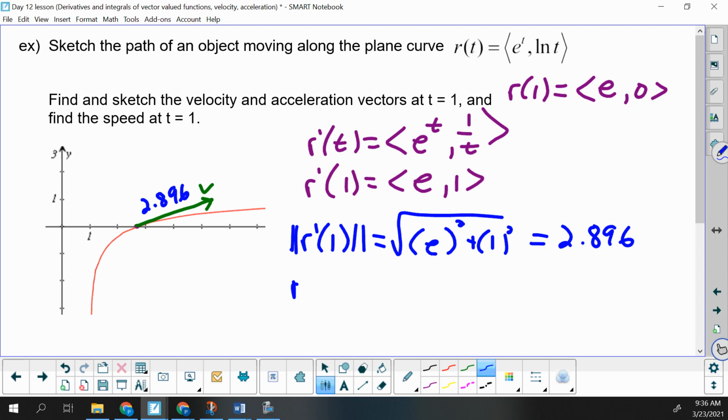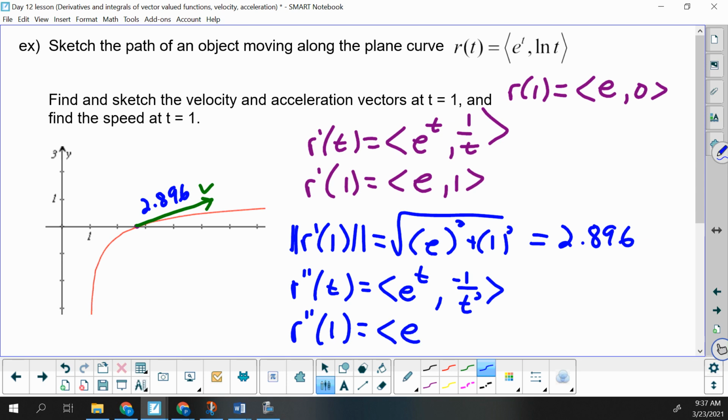And then our acceleration, we'll get e to the t again. 1 over t is like t to the negative 1, so negative 1 multiplies out front. We now have t to the negative 2, so that's negative 1 over t squared. And when we do that acceleration at 1, we'll get e again, but this time we'll get negative 1.